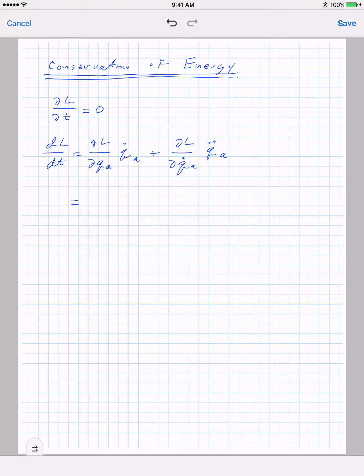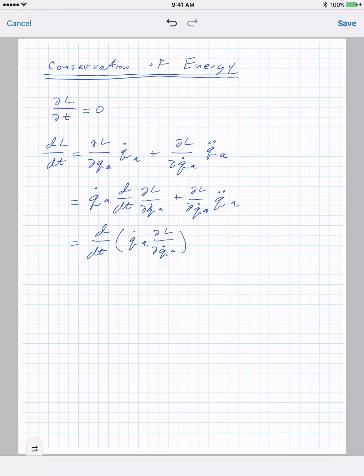Putting that in there, this gives q dot a times d by dt of dL/dq dot a, plus dL/dq dot a times q double dot a. And we can rewrite that. This turns out to be the time derivative of q dot a times dL/dq dot a.